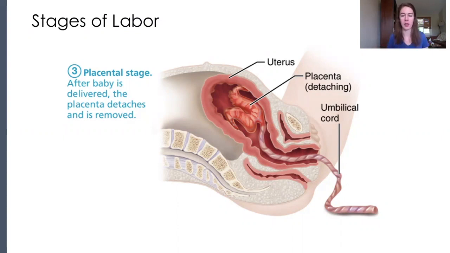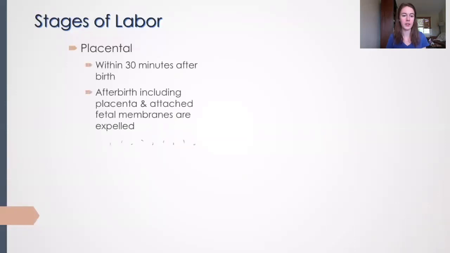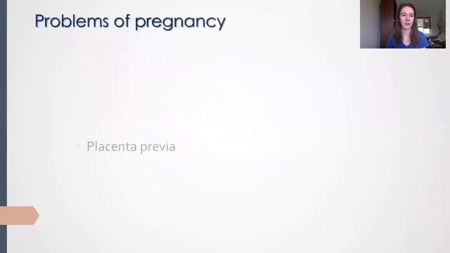They can actually count some of these vessels in the umbilical cord. So placental stage happens about 30 minutes later. This is what you call the afterbirth. And so all of the placenta with all of the fetal membranes are going to be expelled at this point. Contractions continue to help that happen.